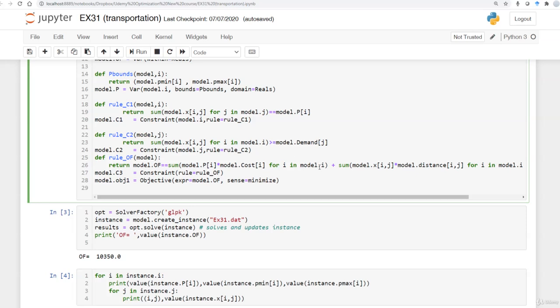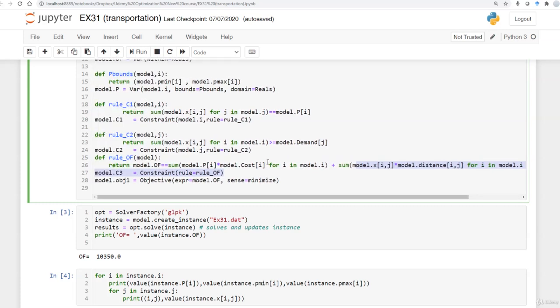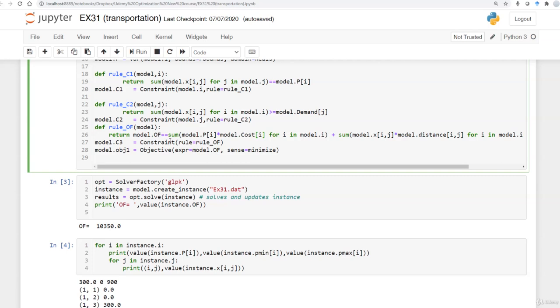Okay, so this term is the production cost, and this term is the transportation cost. So everything is fine here. And also the objective function is this, and we want to minimize that.